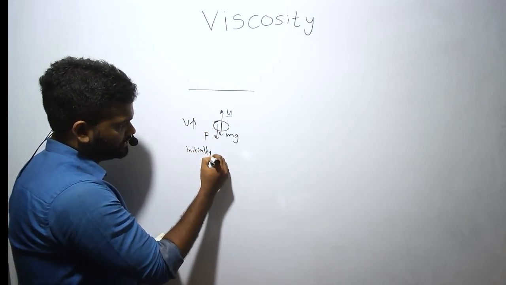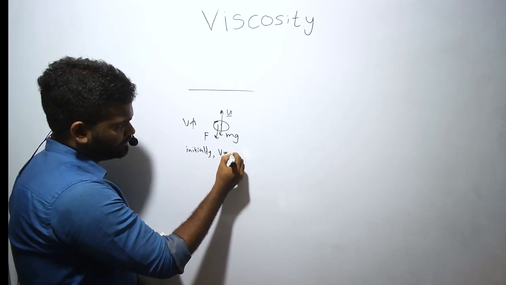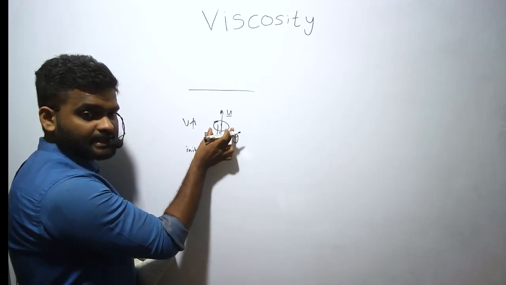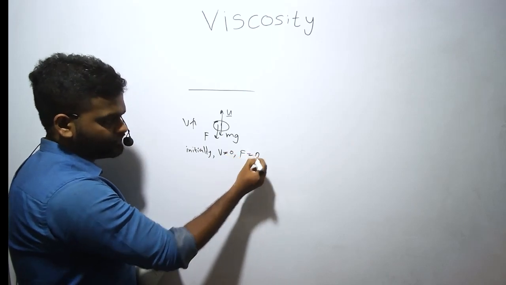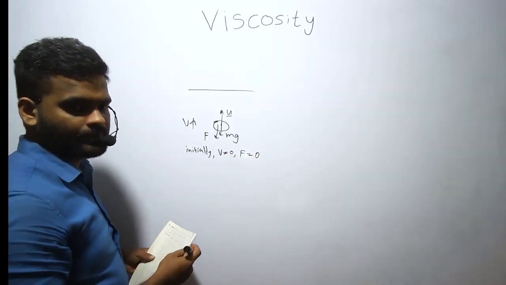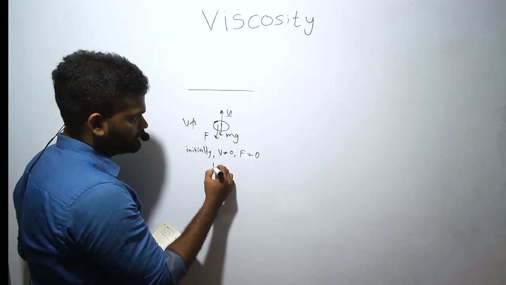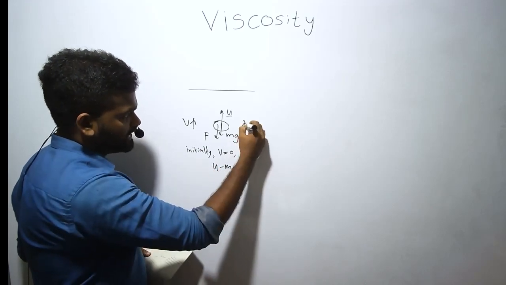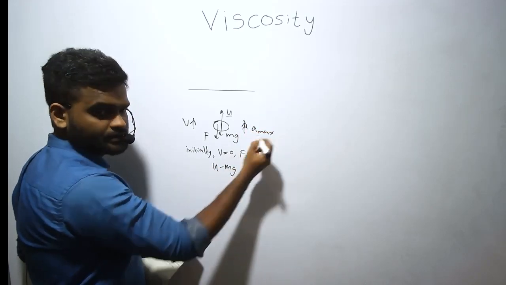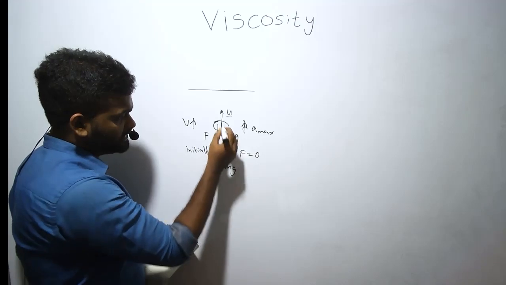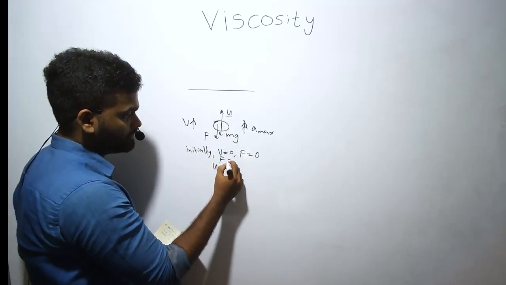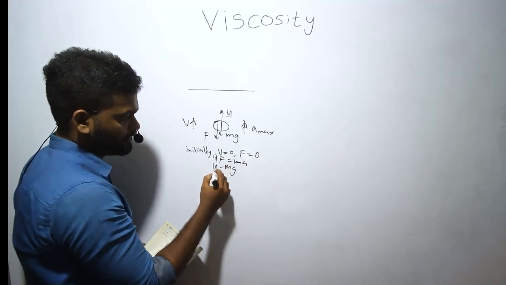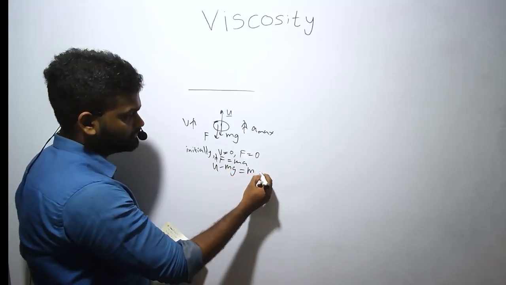Initially, V is 0. You just released it. So F also is 0. Then you need to find the maximum acceleration. U upwards, mg downwards. You apply F equals ma upwards. U minus mg equals m a max.